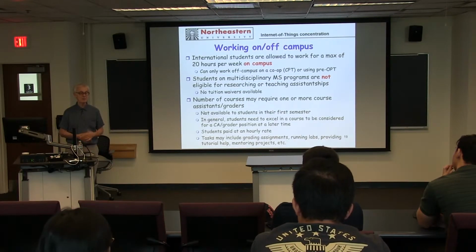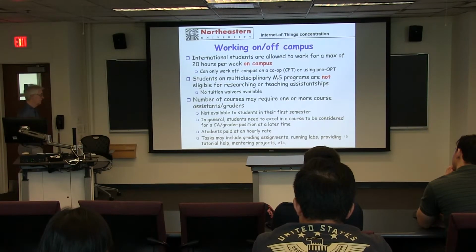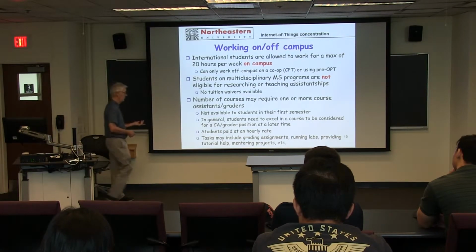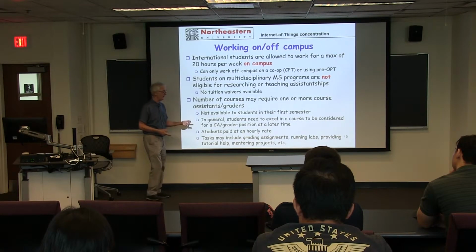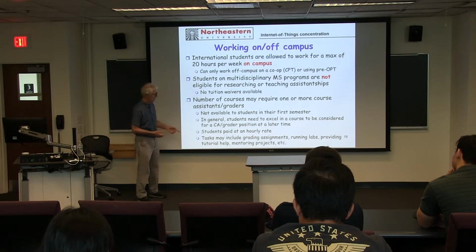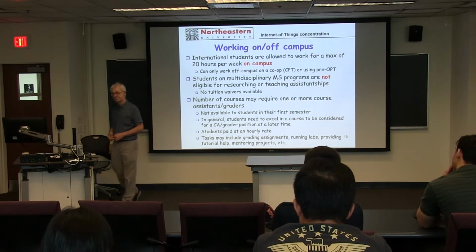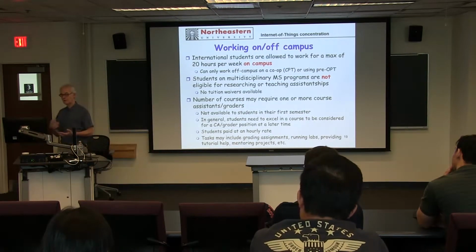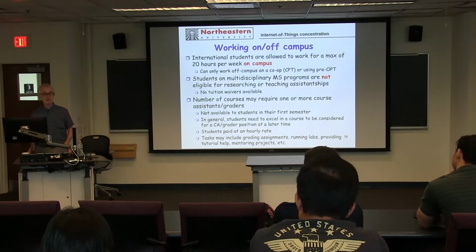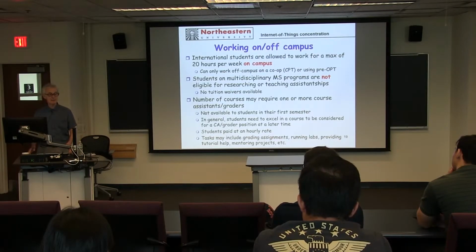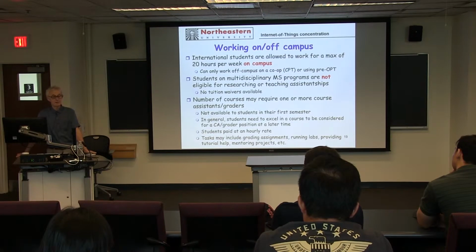Sometimes some of the courses will have multiple TAs. And what kind of jobs would you get? You could be purely just grading assignments, could be one thing. You could be running labs, providing tutorial help, mentoring projects, etc. So it depends on the course what the responsibilities of being a teaching assistant or course assistant are, but they can be quite different.